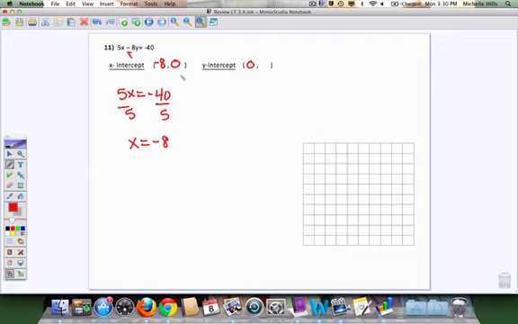Don't forget this minus sign in front of the 8y, because 0 minus 8y is negative 8y, which equals negative 40. I'm going to divide by negative 8 to isolate the y, so y is positive 5. So when I put 0 in for x, I got positive 5 for y.